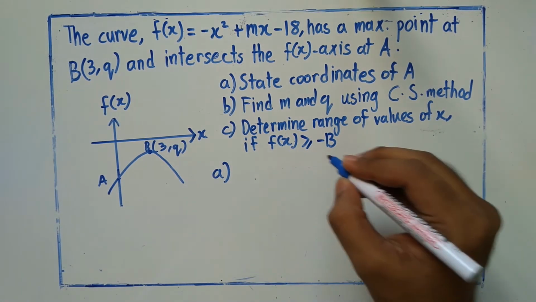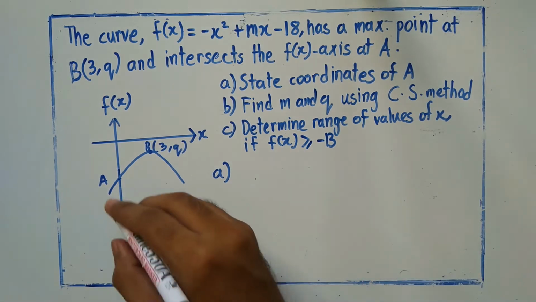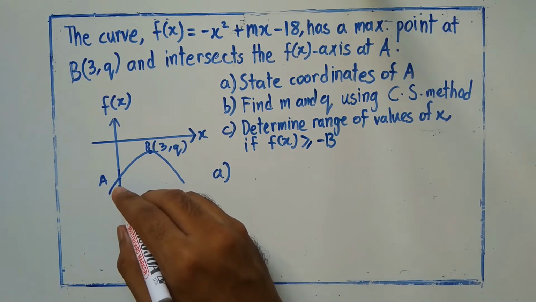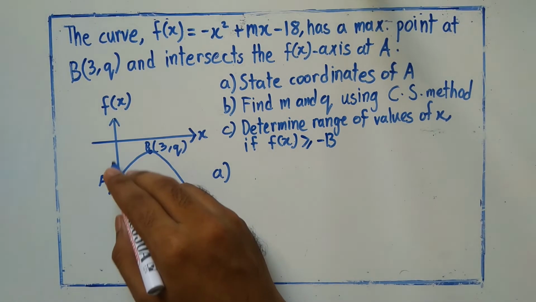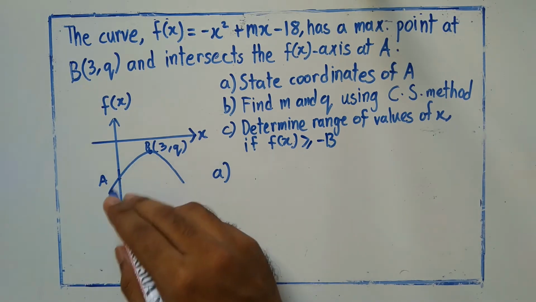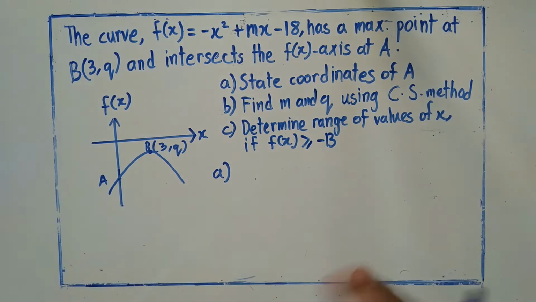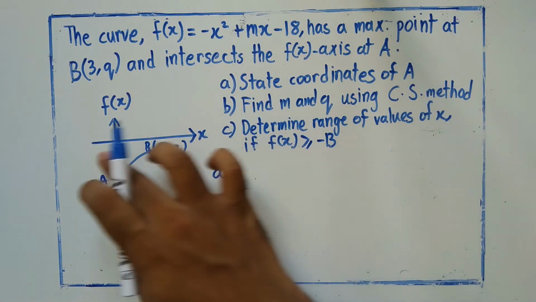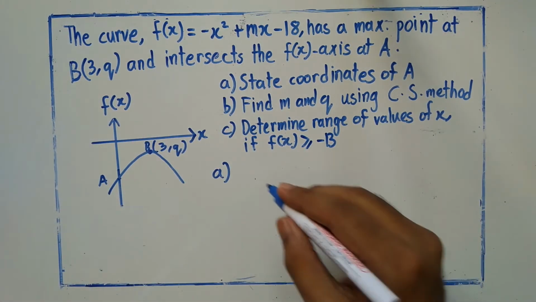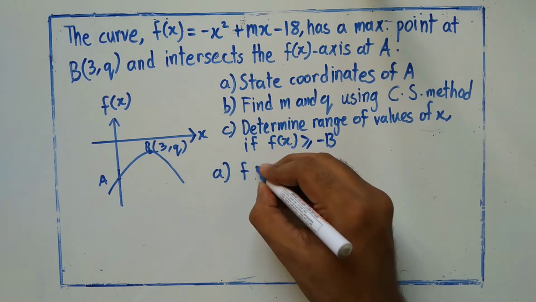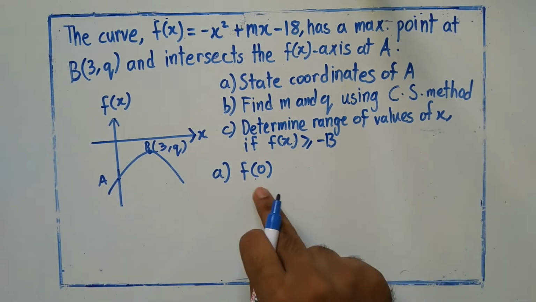In part A, the position of A is such that it intersects with the y axis. If it intersects with the y axis, that means the x position will be 0. Therefore, we have to solve this question.